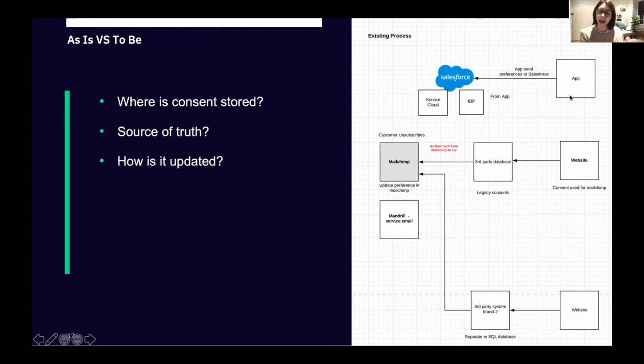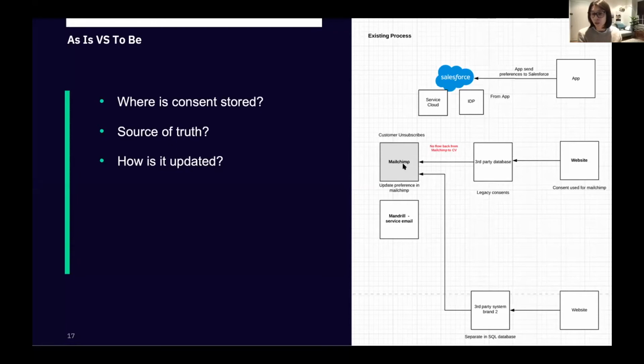Now, I could go on the app and sign up and add my preferences there. But the marketing team, can I post this? The marketing team had MailChimp as their marketing automation solution. And they had 2 third-party databases because they had a different bucket of customers.